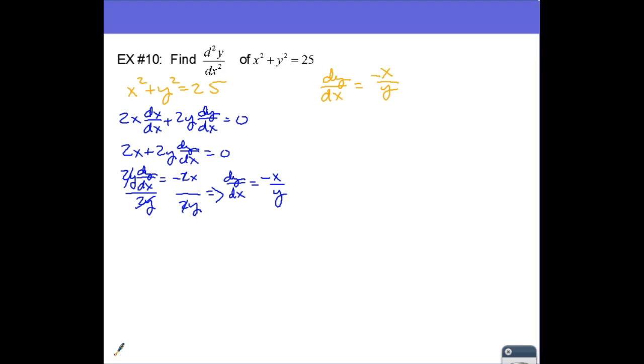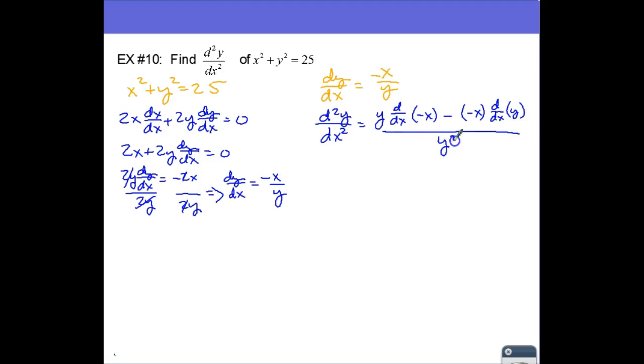So let's take the derivative of the left side, and we have the second derivative of y with respect to x is equal to the bottom times the derivative of the top minus the top times the derivative of the bottom divided by the bottom squared.